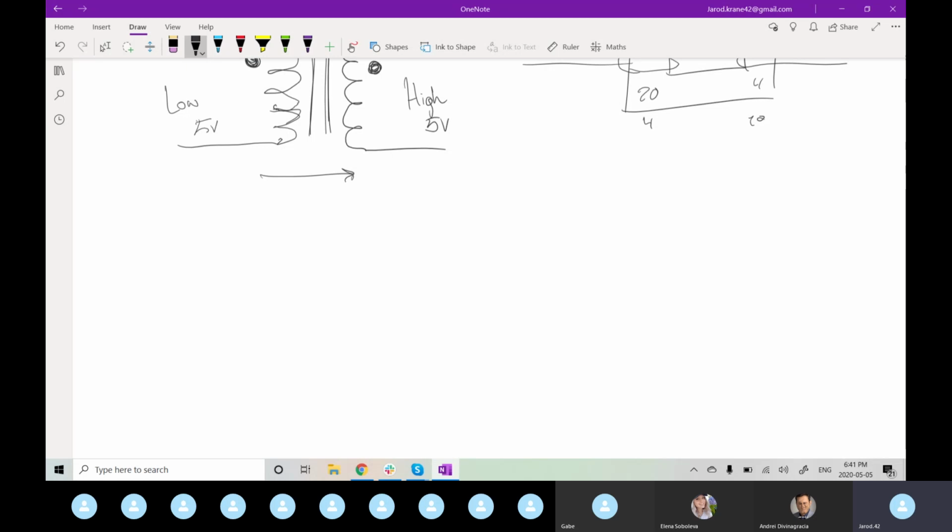So like we said at the beginning, since an inductor stores energy as a magnetic field, on one side we're creating a coil of wire, and our output is just another secondary output coil of wire.